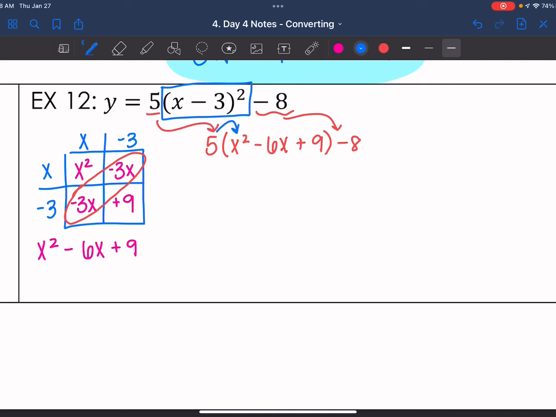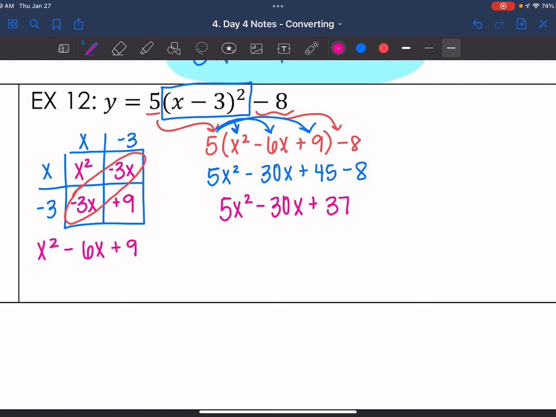I'll distribute that 5 to everything on the inside of the parentheses to get 5x squared minus 30x plus 45 minus 8. And then my last step is to combine like terms to get 5x squared minus 30x plus 45 minus 8, which gives me 37 for my final answer.